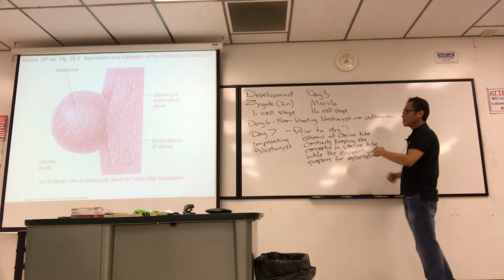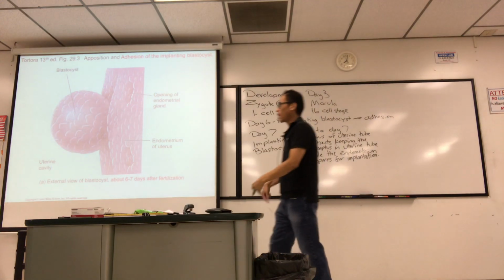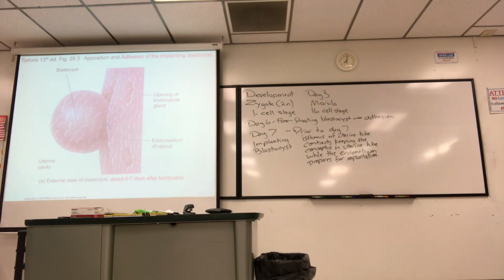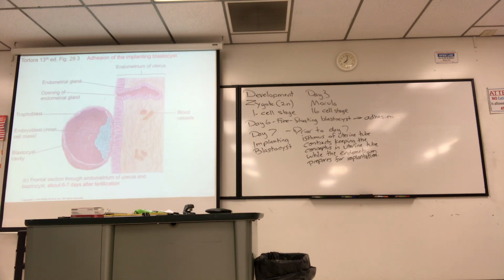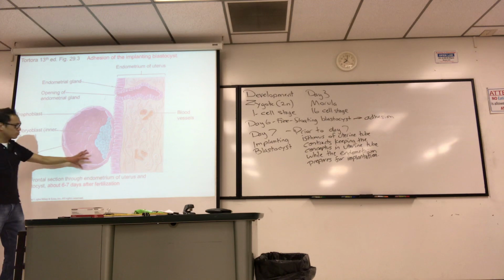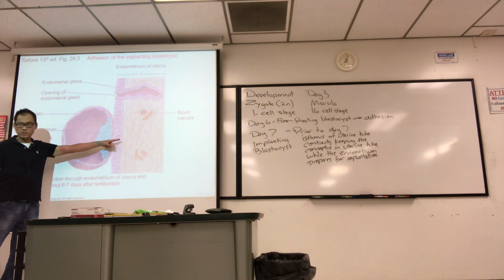You know what that means? That means stick. There are a lot of surface proteins that allow this little ball to stick to the endometrial surface like Velcro. If you cut it open, look at what's happening during this adhesion of the implanting blastocyst. No matter how you stick, say the inner cell mass is over here, it freely rotates to face the endometrium.